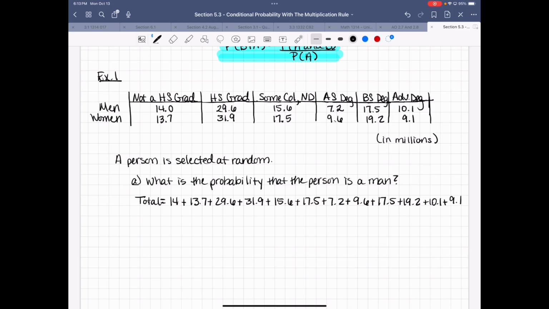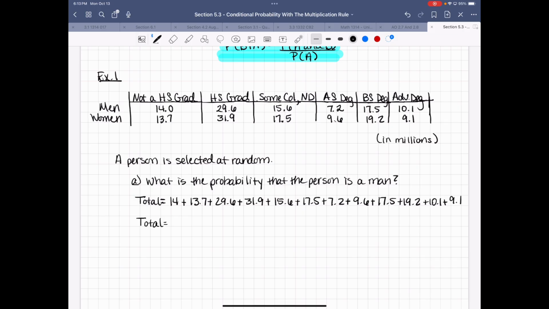And of course, you could put this in a list if you wanted to. It will give you the sum. I don't know. It's probably going to take you just as long to put it in a list as it would to just add them up. While some of you are adding that up, what's the other thing that we need to know? We're looking for the probability of selecting a man.